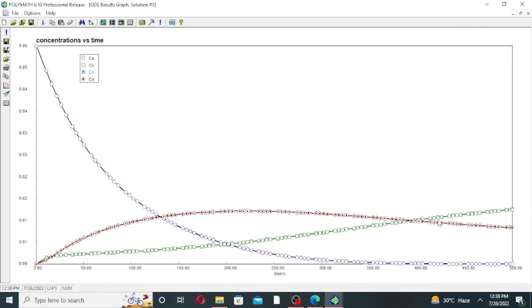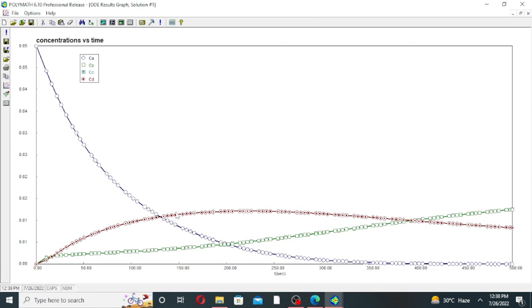When our product becomes diluted, its concentration will definitely decrease in the semi-batch reactor. So here you can see the concentration of C and D decreases. Remember, this line is for component C and component D.